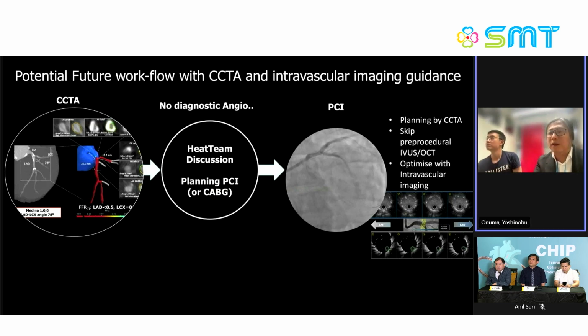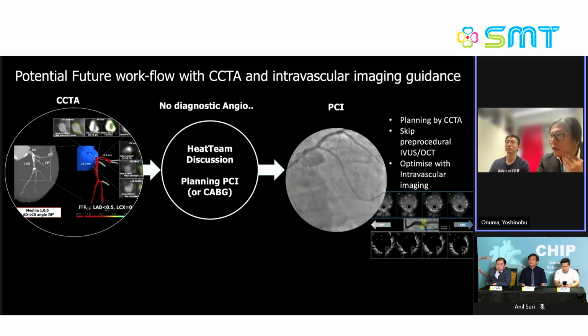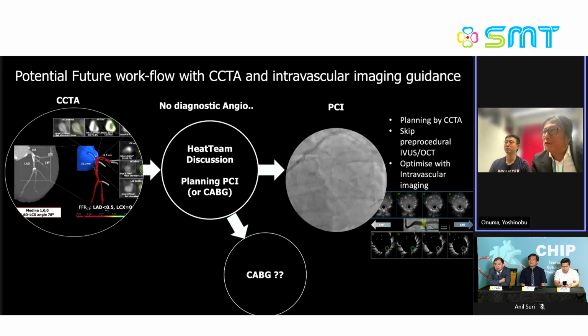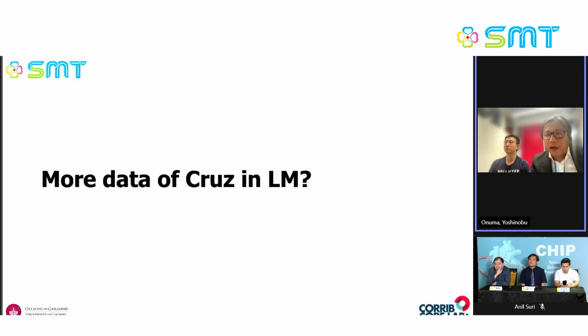So it will be, at least in Europe, the trend that you have a CT before doing any catheterization. So probably that's the future workflow. And of course, if you need a CABG, you can also refer the patient to the CABG without doing the invasive angiography.